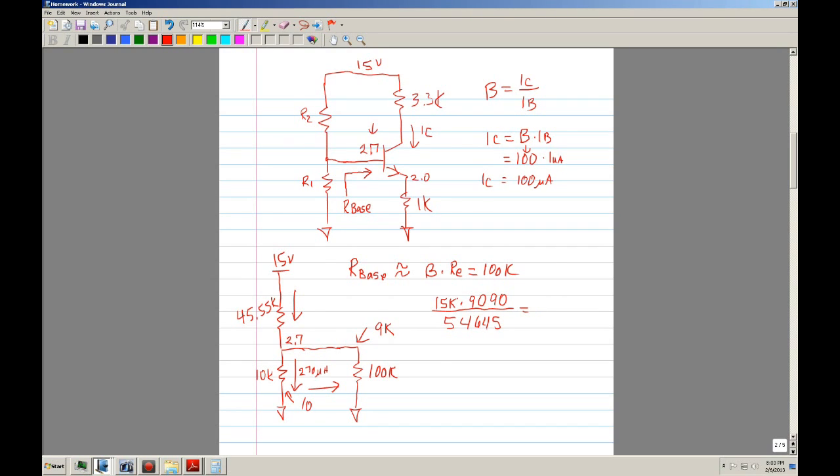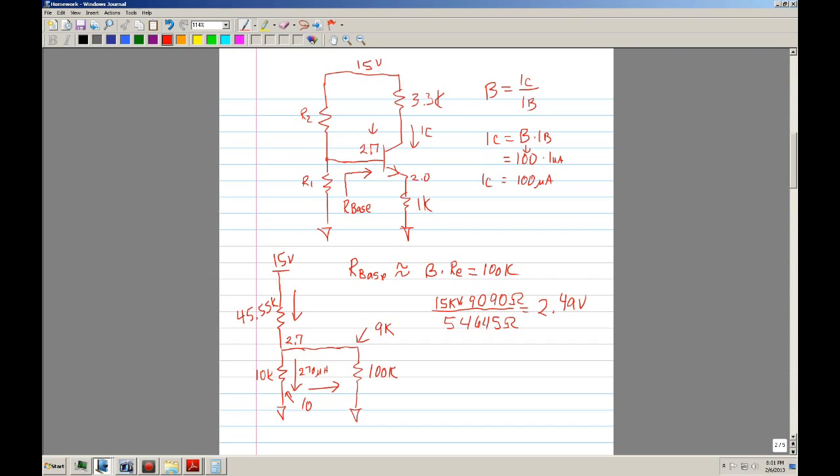So this is volts. So you got 15 times 9.09 divided by 54.645. So remember we wanted 2.7. Now it's 2.49 volts.